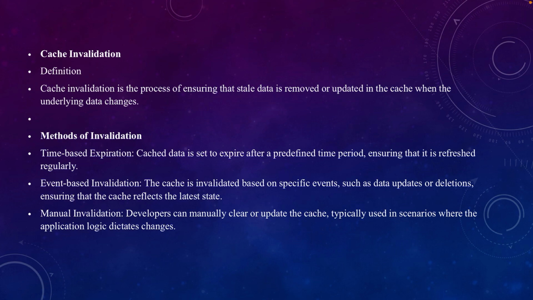Then we move to cache invalidation, which is the process of ensuring that stale data is removed or updated in the cache when the underlying data changes.